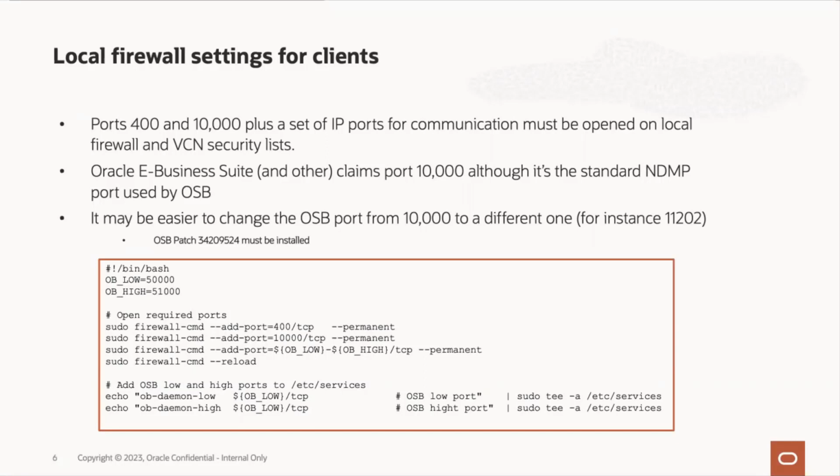In addition to that, port 410,000, an additional set of ports must be open for the regular communication between admin servers, clients, and media servers, etc. And on the admin server that we deploy, we already opened in the local firewall ports 5,000 to 5,100 for this purpose.